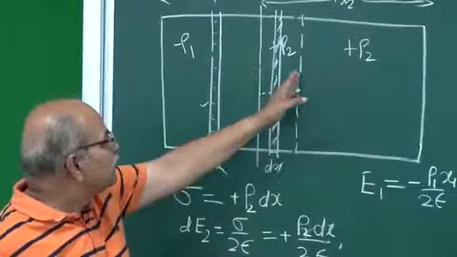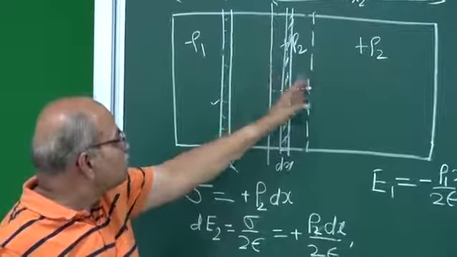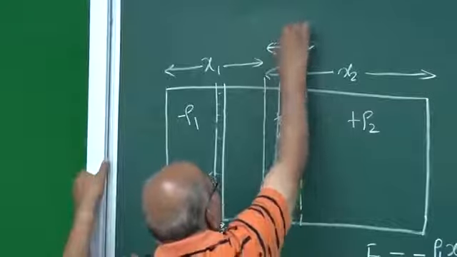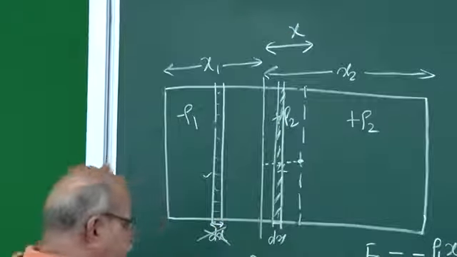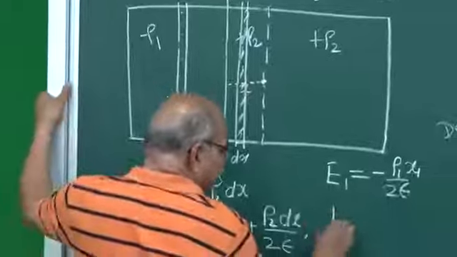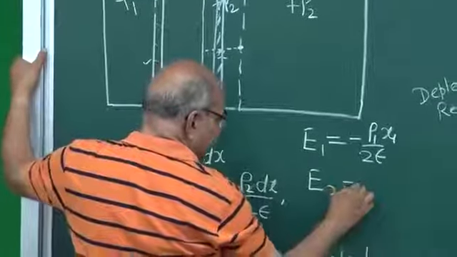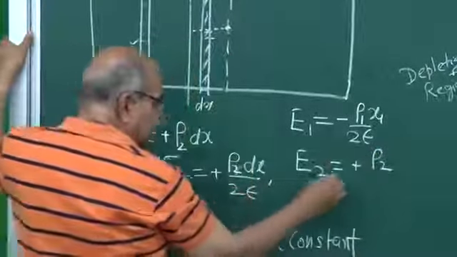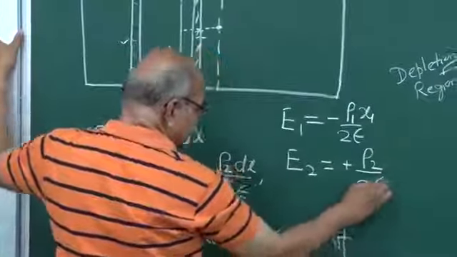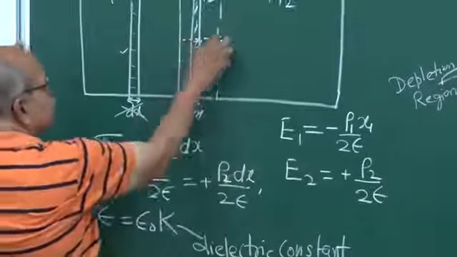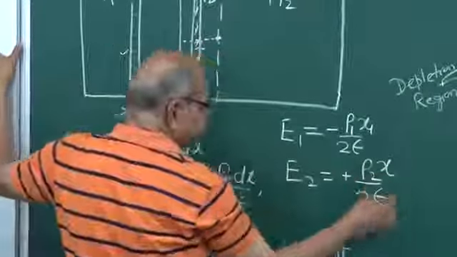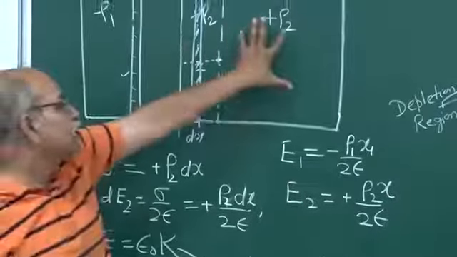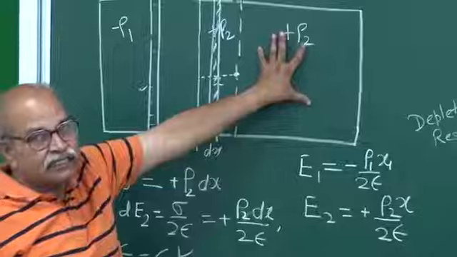What is this whole length? This thing is just x. So E2 is equal to plus rho 2 divided by 2 epsilon, and then dx is integrated here to here, which is just x.